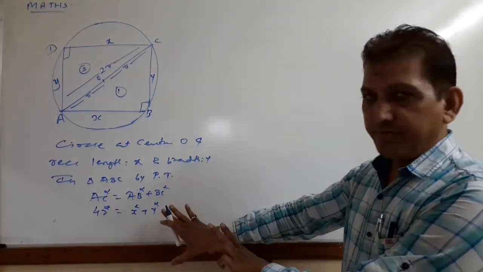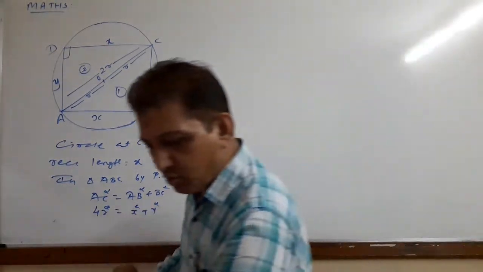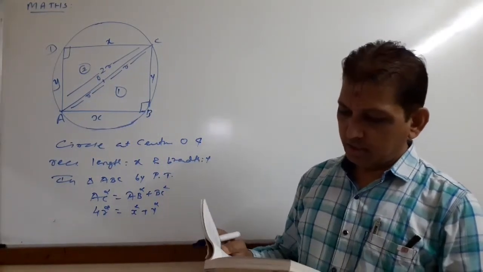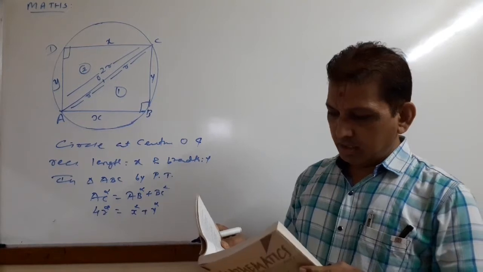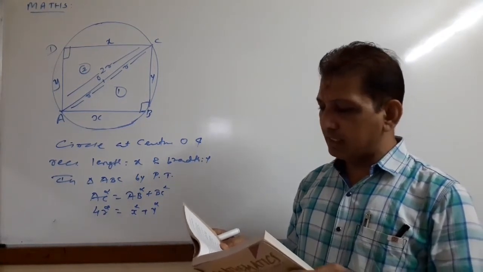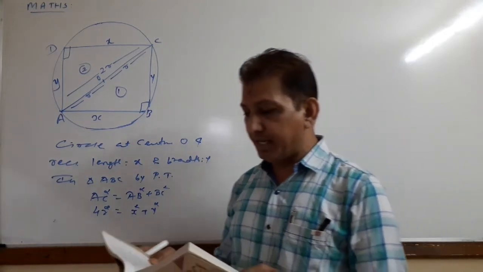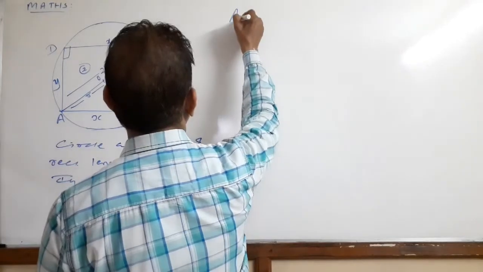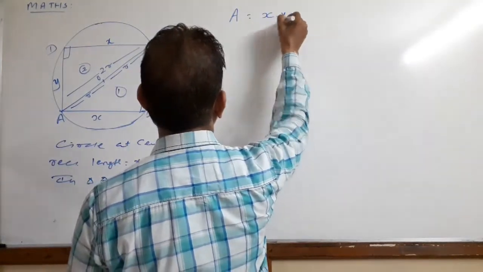Now read the question. Show that of all the rectangles inscribed in a given fixed circle, the square has the maximum area. Here we apply the formula for rectangle area: area equal to length into breadth.